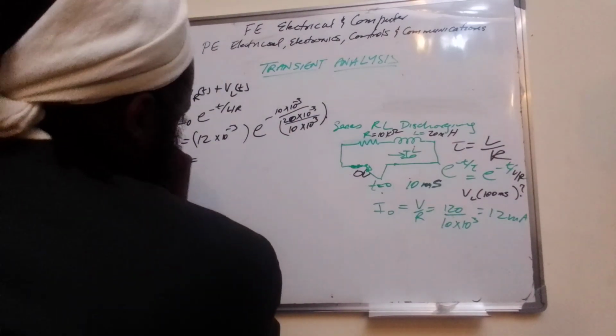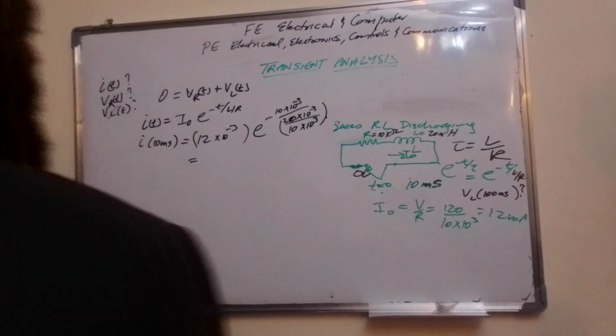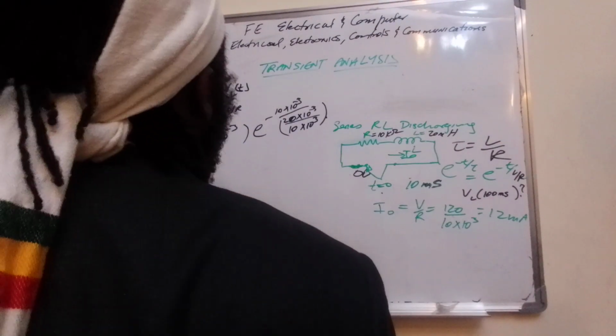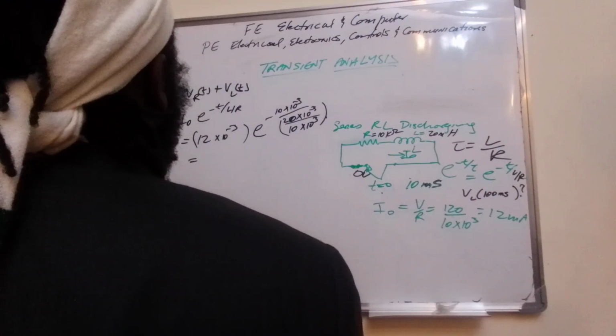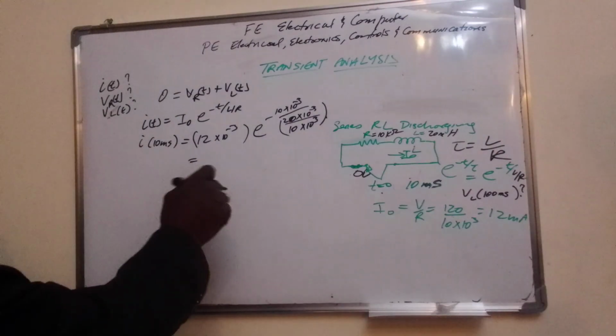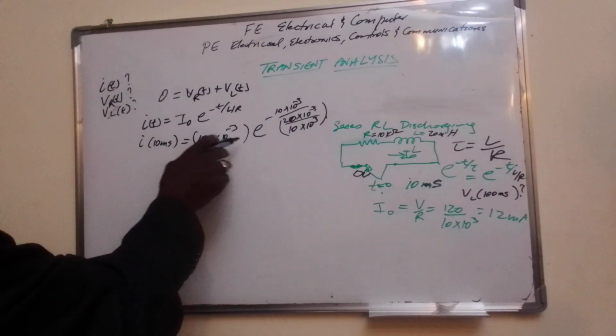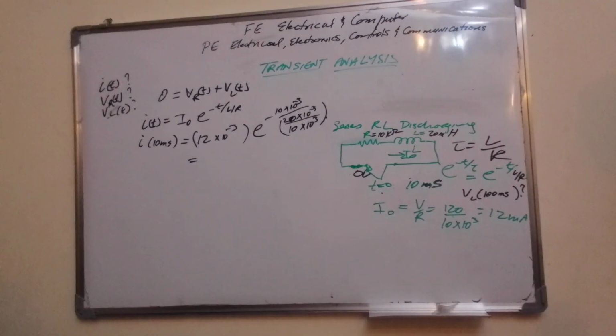If you multiply this out, what you're going to get is, let me see, multiply e to the minus 10 over R, let's divide it by that. So that is 10 to the minus 6, 2 times 10 to the minus 6.